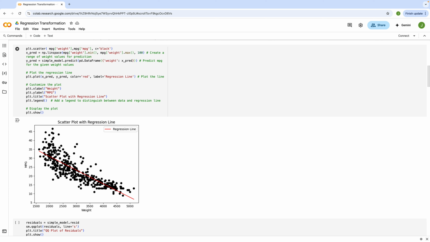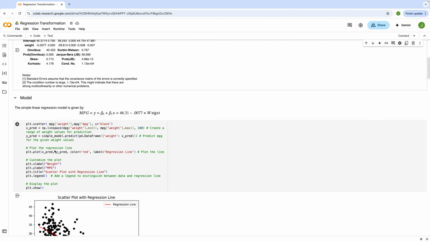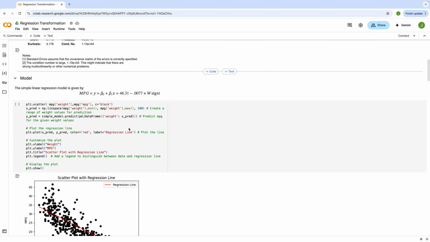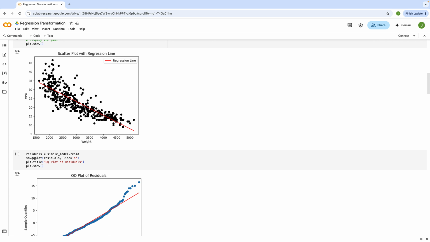One way to try and account for this could be to add in extra input variables, such as the origin or the horsepower or the displacement, to see if that can account for why some of these data points are so far off the regression line. Okay, but on average it does a pretty fair job.